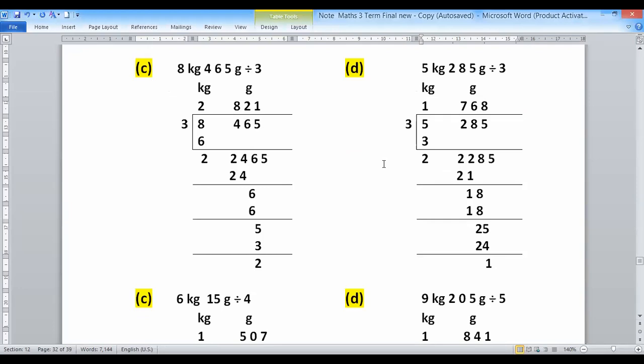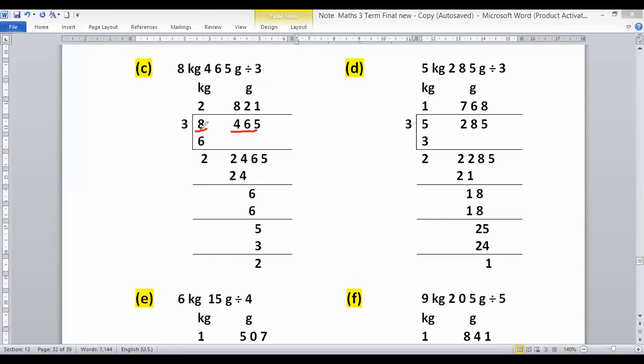Dear students, in this way, you can solve parts C, D, E, and F. In part C, 8 kg, 465 gram divided by 3. So we write 8 kilogram here, 465 below gram.